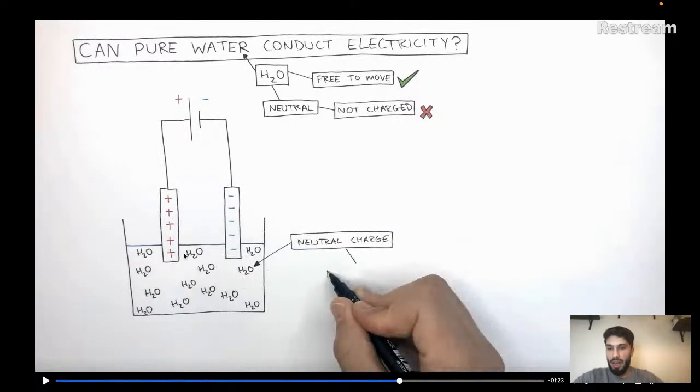Now, for electricity to flow around this circuit, the circuit needs to be complete. And the way this happens is that charged particles, such as cations and anions, need to be attracted to these two electrodes. Now, what I'm talking about here is really linked to electrolysis.